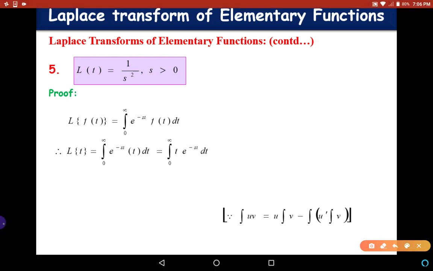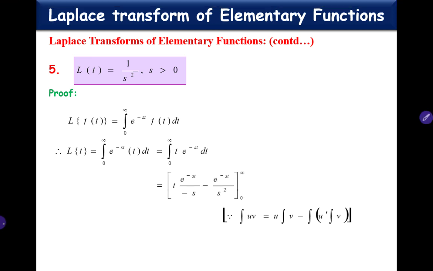So here we take u as t and v as e power minus st. Now if we apply by parts, we get t times integral of v, that is e power minus st by minus s, minus integral of derivative of u, that is derivative of t is 1, times integral of v, e power minus st by minus s, and again the integral of e power minus st by s gives e power minus st by s square, with the limit 0 to infinity.